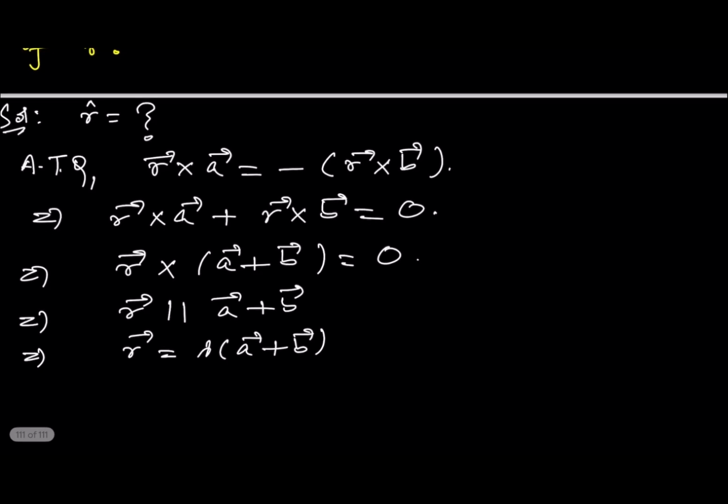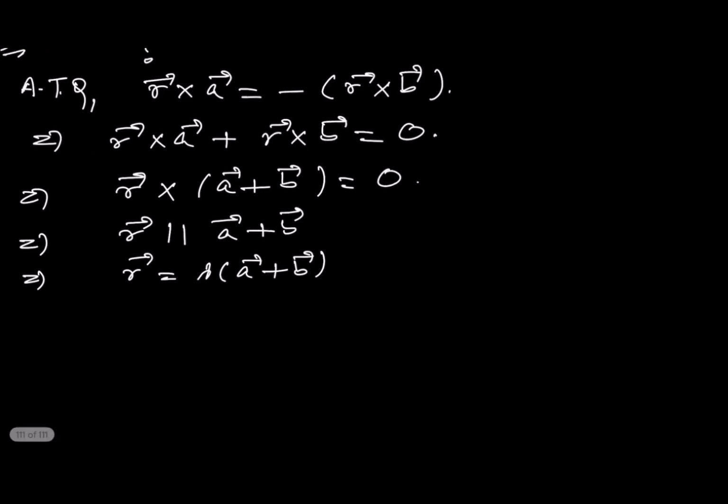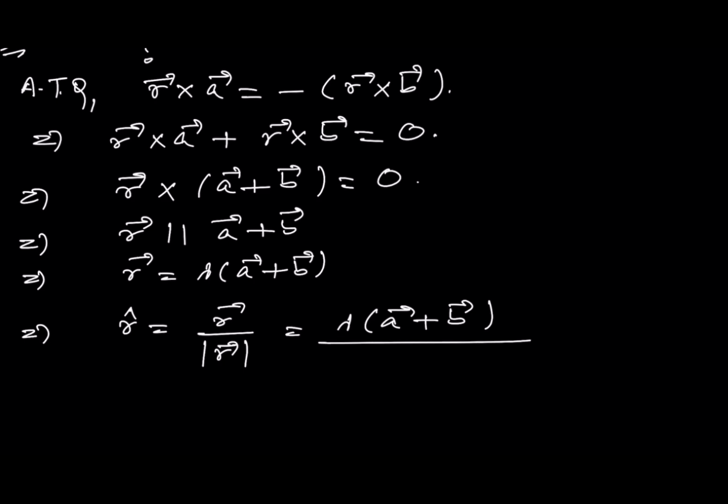So R cap is nothing but lambda times (A plus B), because we know R cap is nothing but R vector upon modulus of R vector, right? So lambda times (A plus B) upon lambda times mod of (A plus B), right?